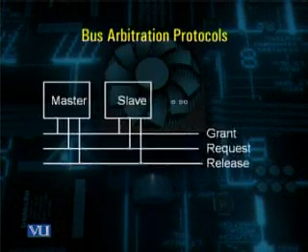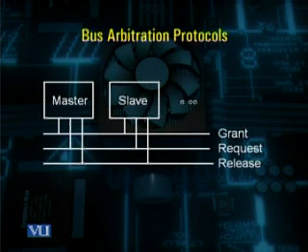And once the bus is granted, the master uses the bus, and when it has finished the transactions, a signal is sent to the arbiter that the bus is no more required. The arbiter then may grant the bus to another master.